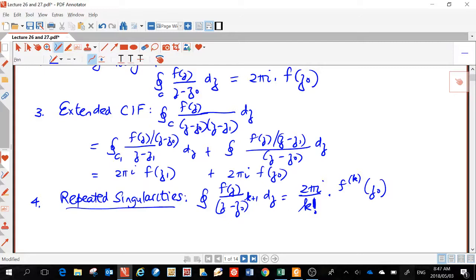So that was the first part of the work when we achieved all of these results. Then we made a startling observation. When you look at f^(k) over k factorial, that bears a stunning resemblance to the Taylor coefficient. When you expand a function as a power series, the coefficients are the kth derivative over k factorial.